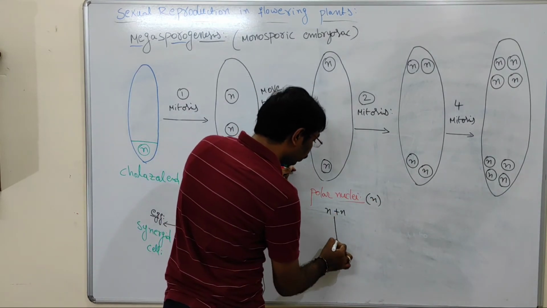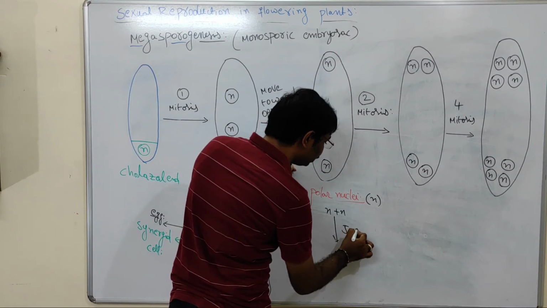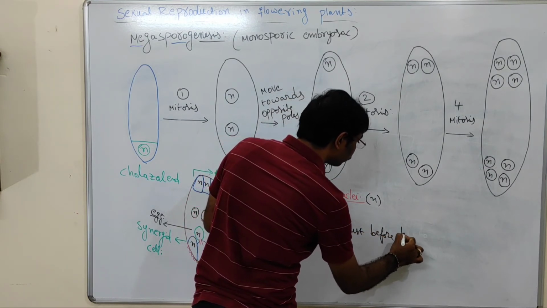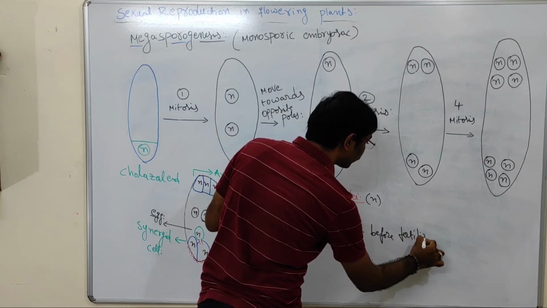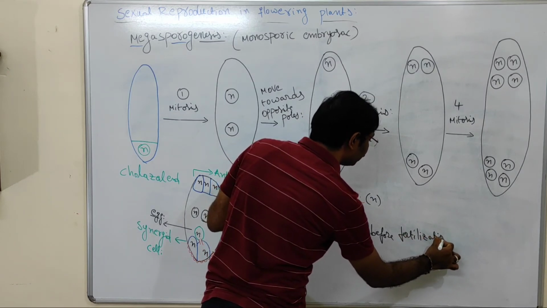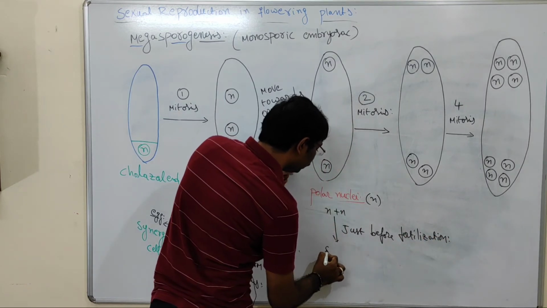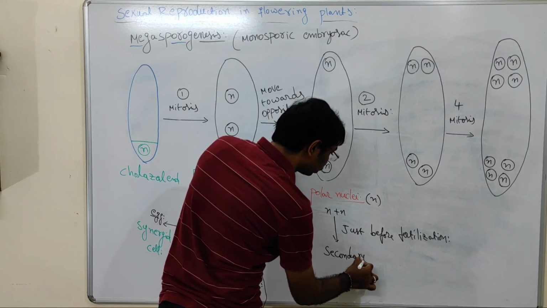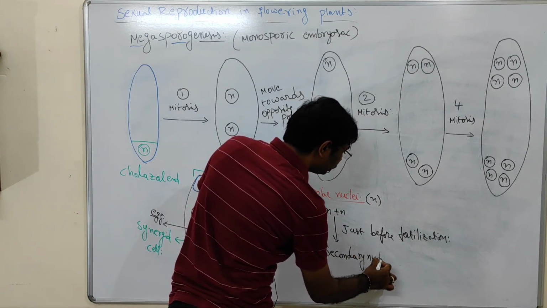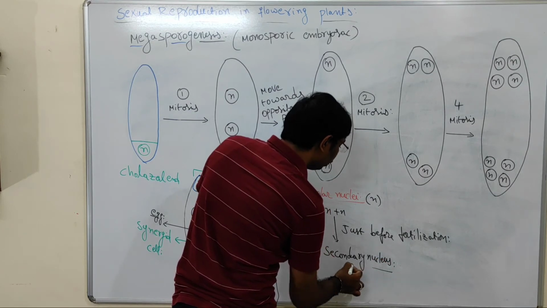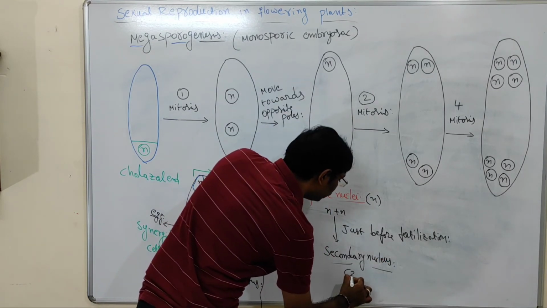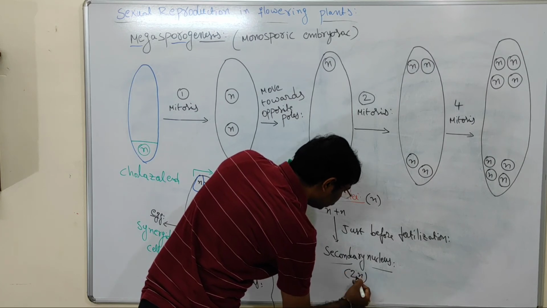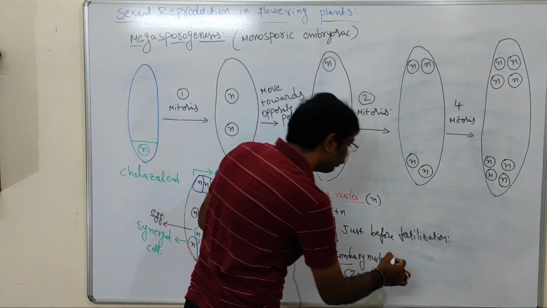Just before fertilization, the polar nuclei are converted into the secondary nucleus, also called the definitive nucleus.